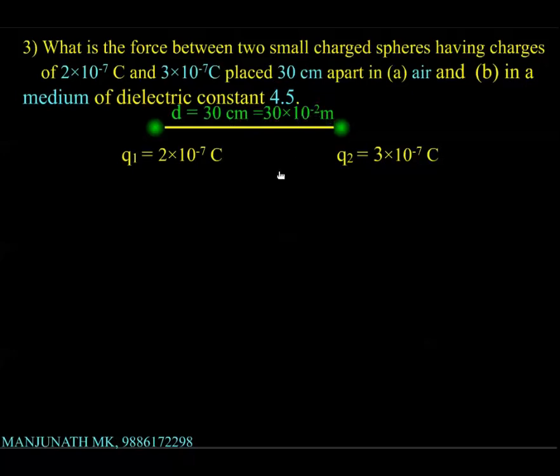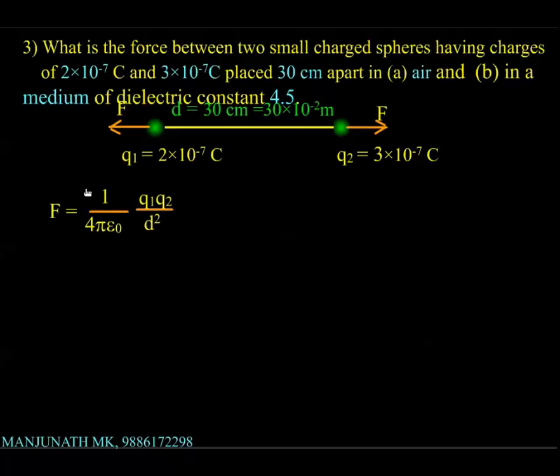So now according to Coulomb's inverse square law, this charge repels this one in this direction with force F. This charge also repels this one in this direction with the same force, but opposite in direction. Magnitude of these two forces, or force between these two charges, is given by F is equal to 1 over 4 pi epsilon naught Q1 Q2 by D square.